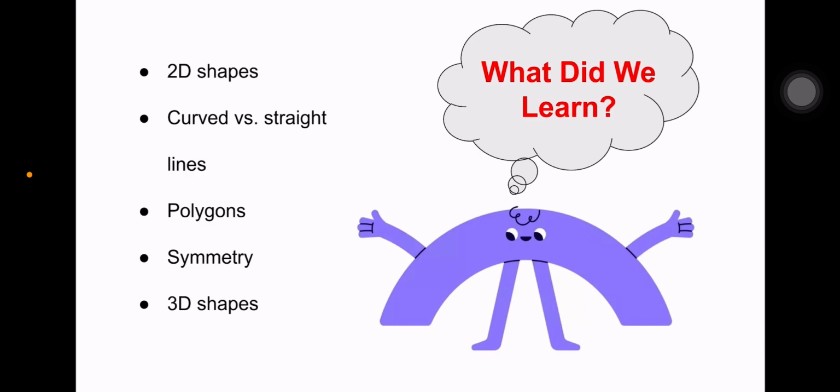Now, we have learned so much today. Let's do a quick recap. We explored 2D shapes like triangles and squares. We learned the difference between curved and straight lines. We got to know polygons, the flat shapes with straight sides.